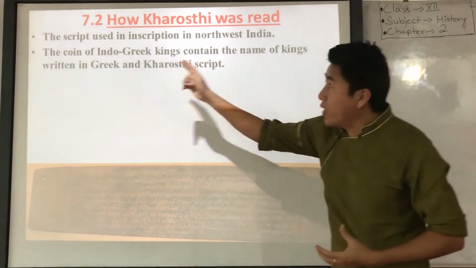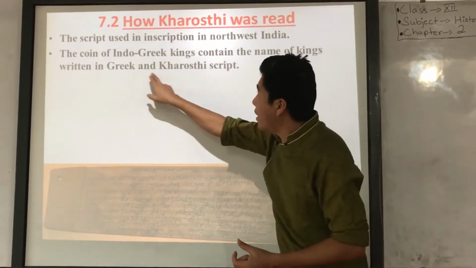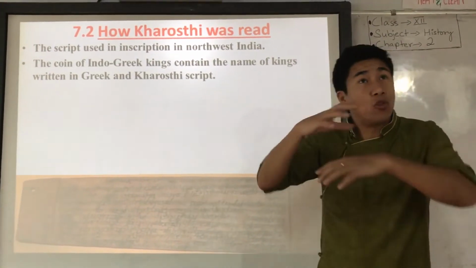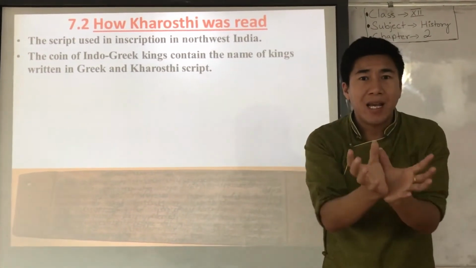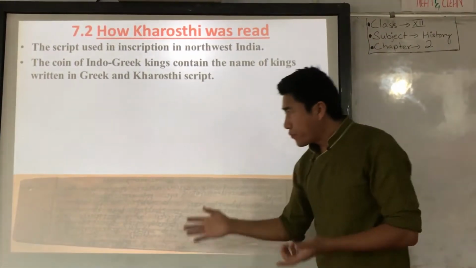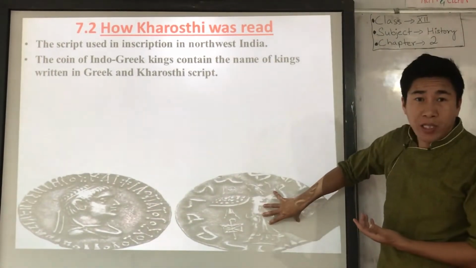Indo-Greek coins contain the name of the king written in Greek and Kharoshthi script. Those Indo-Greek kings who ruled in this area issued bilingual coins, one in Greek and another in Kharoshthi.